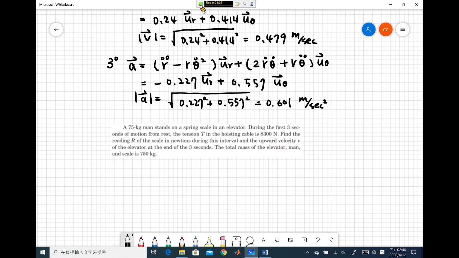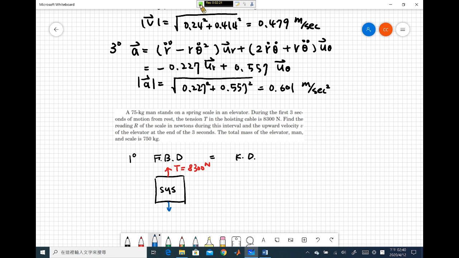So first of all, we start with the free body diagram. That will be equal to the kinetic diagram. The free body diagram is the whole system. You get the tension T here, that will be equal to 8,300 Newton.